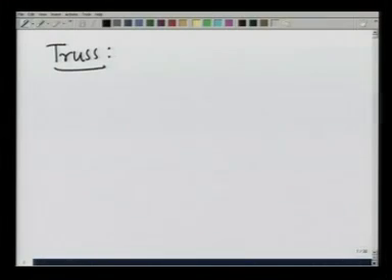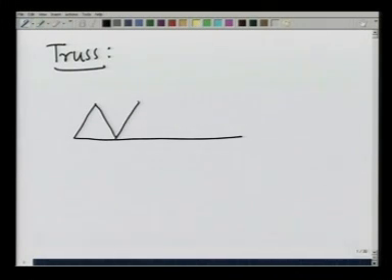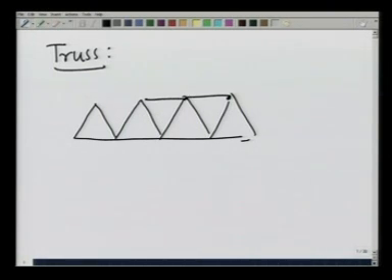For example, across a bridge you see a structure like this, and here is the road.